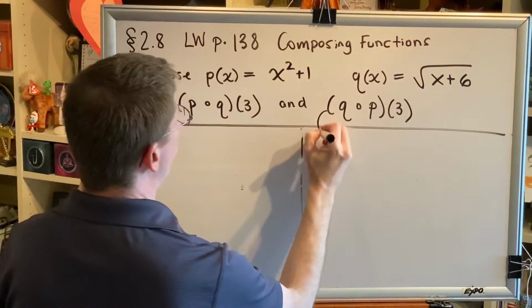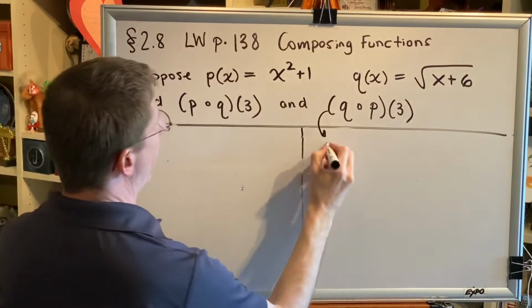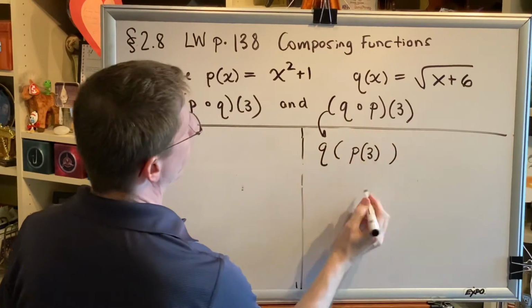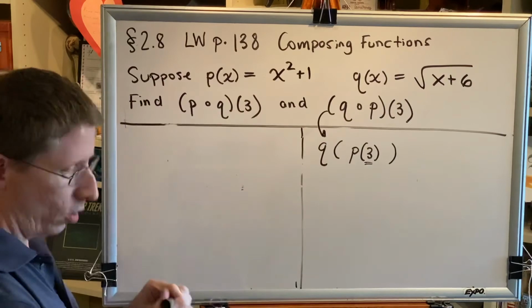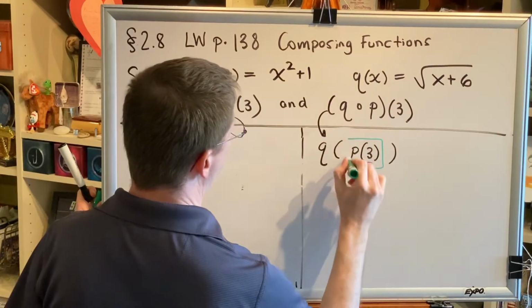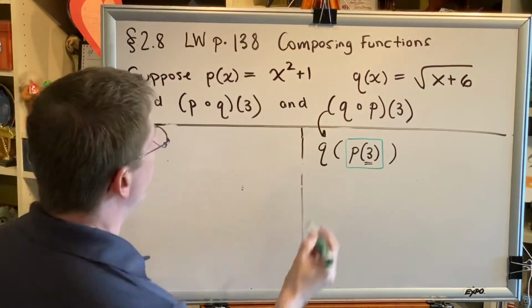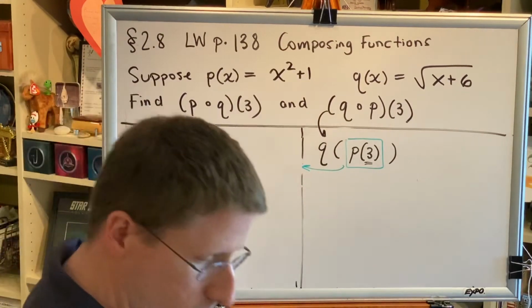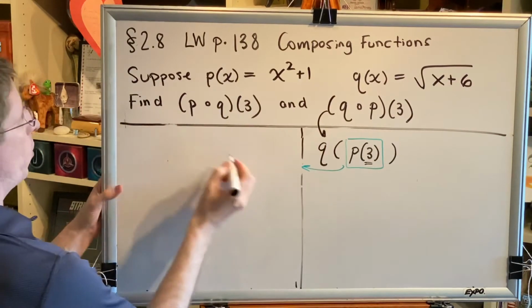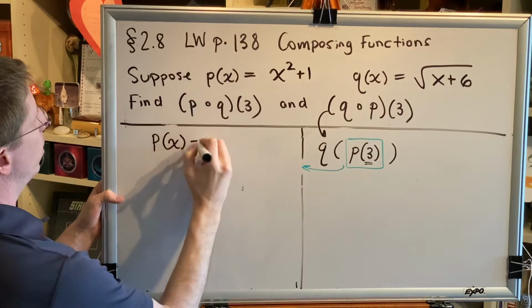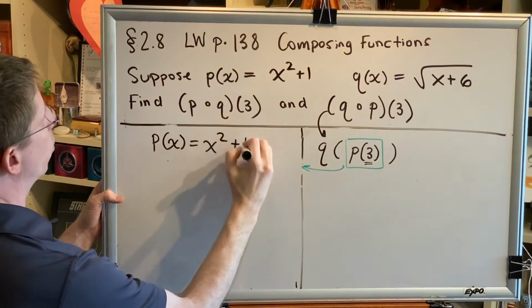Okay. So this would be rewritten using the definition as q of p of 3. And because this is a number, we're going to work from the inside out. So we need to find what is p of 3. So we go to our side workspace. We know that p of x is equal to x squared plus 1.